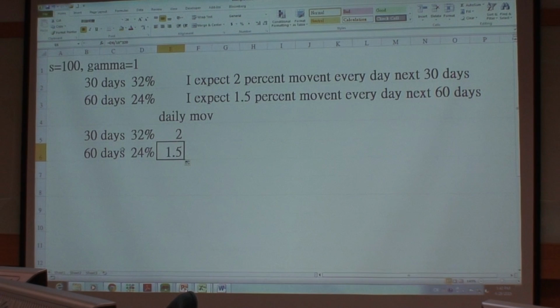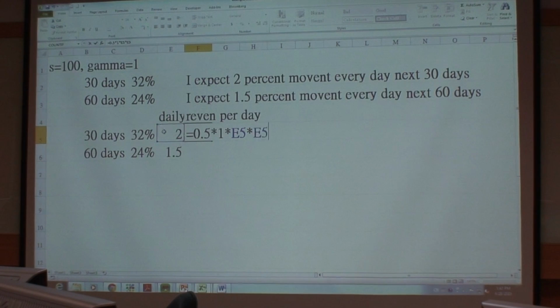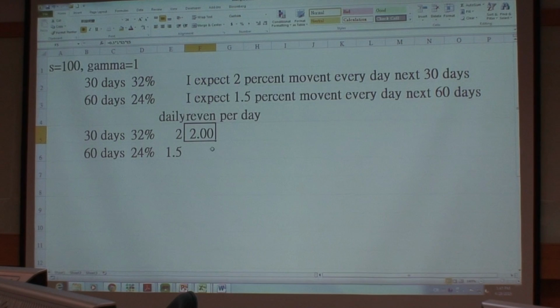And for volatility 24, 1.5 movement a day. That's also what I said here. So if that's the movement, the revenue per day is 1/2 times gamma times the movement squared. So it's $2 revenue for the first 30 days and $1.13 revenue for the first 60 days.